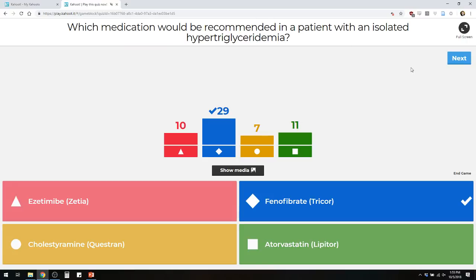All right, so looking at this, now ezetimibe and atorvastatin should have pretty balanced effect between the two, right?